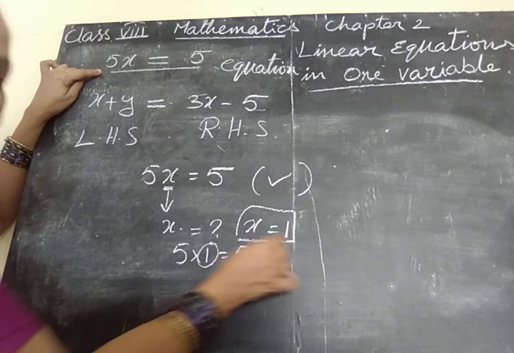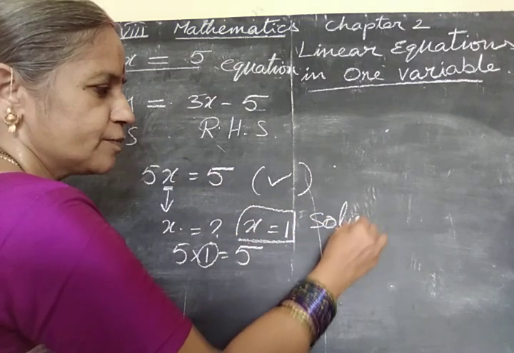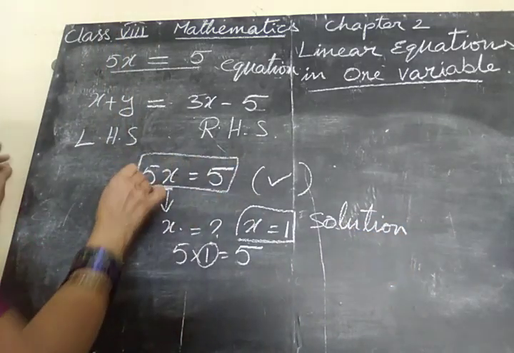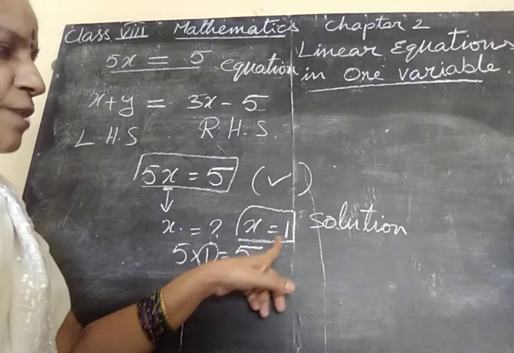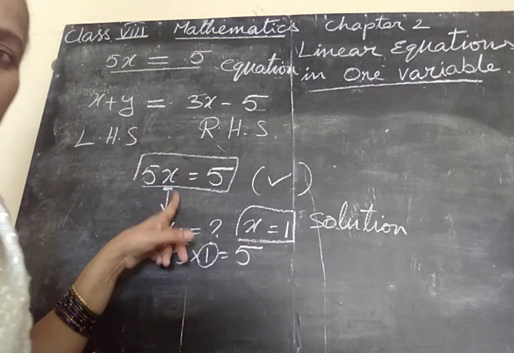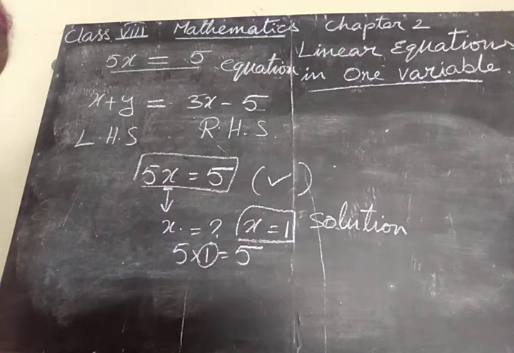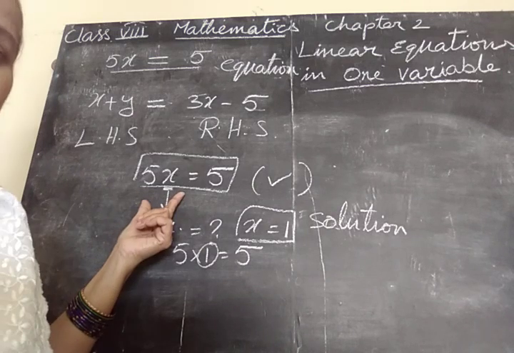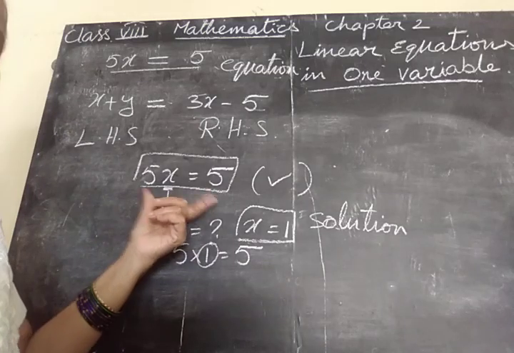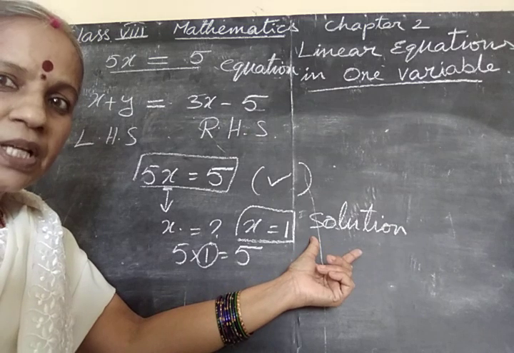So x is equal to 1 is called the solution of this equation. For this equation, what is the solution? x is equal to 1. So x is equal to 1 is called the solution of the equation 5x is equal to 5. Understood, children? The value of the variable which satisfies the equation is called the solution of the equation. Understood?